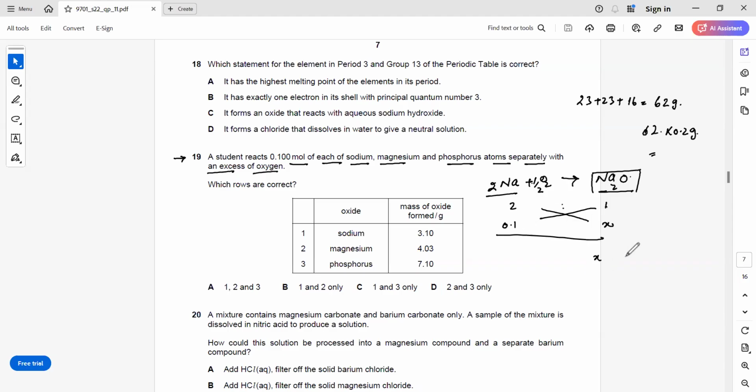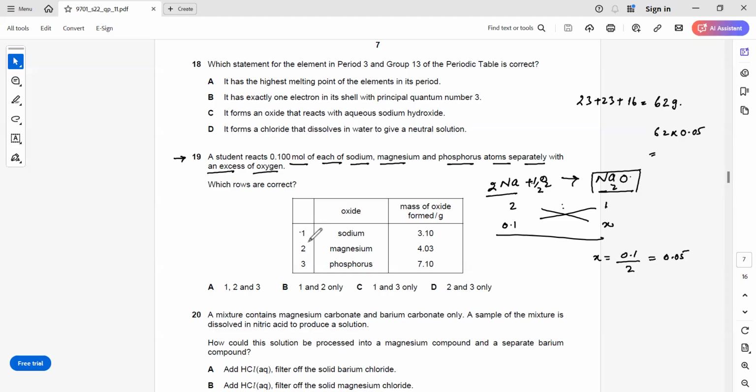So X is 0.1 divided by 2, so 0.05. Yes. And let's multiply it with 62. So how many grams? 62 into 0.05.